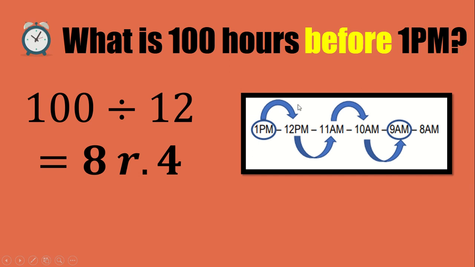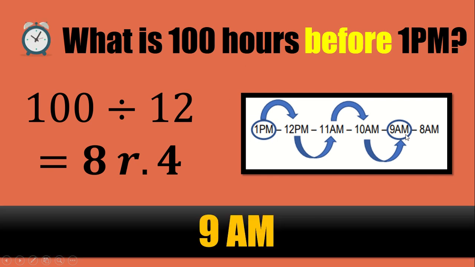From 1 p.m., go back: 12 p.m., 11 a.m., 10 a.m., then 9 a.m. So therefore, our answer is 9 a.m. So remember, if you have the word before, you need to subtract the remainder.